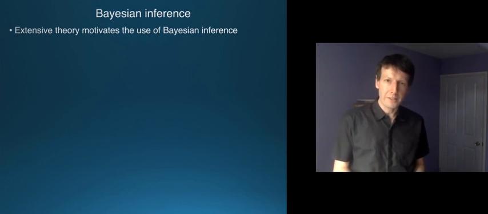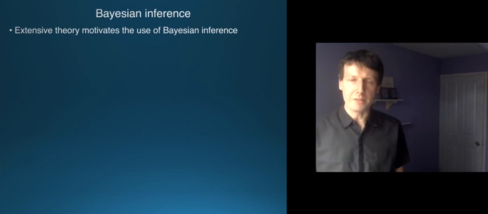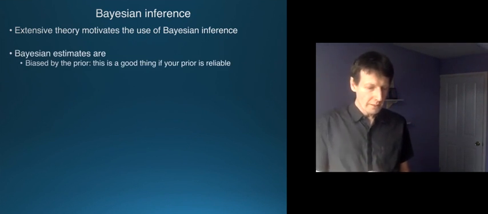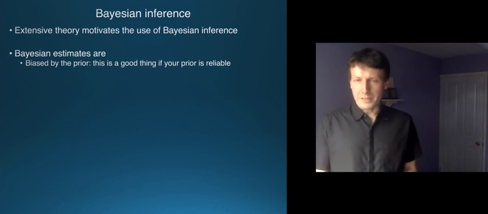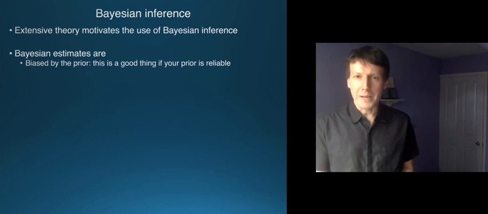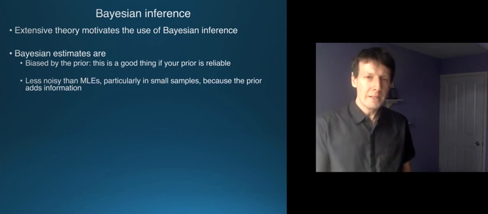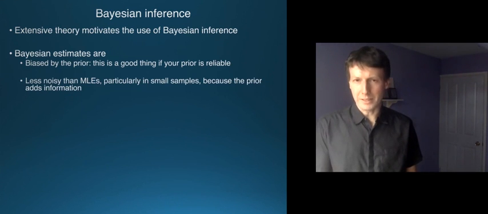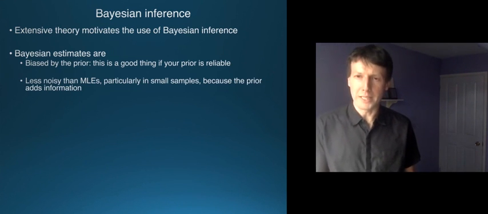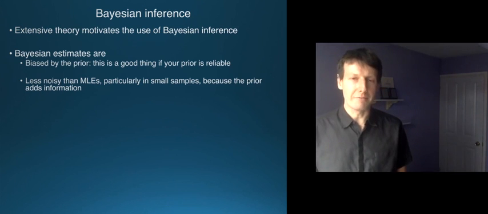Like maximum likelihood, there's extensive theory that motivates the use of Bayesian inference. So Bayesian estimates are, obviously, biased by the prior, and that's a good thing if your prior contains reliable and useful information. They're less noisy than maximum likelihood estimates, particularly when you don't have much data, because the prior adds information.